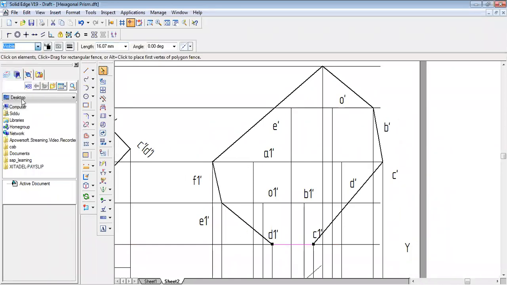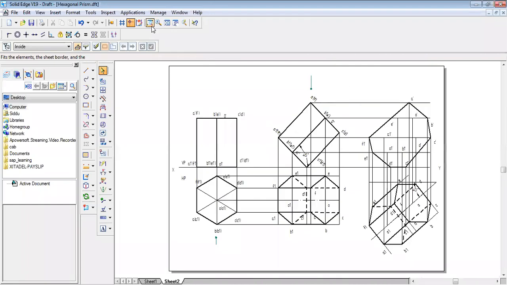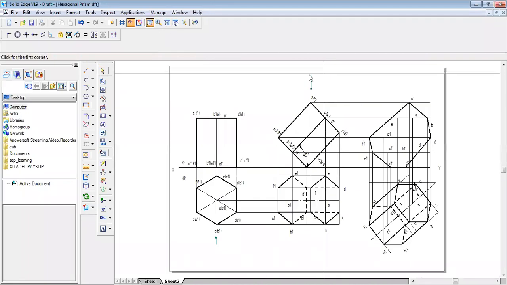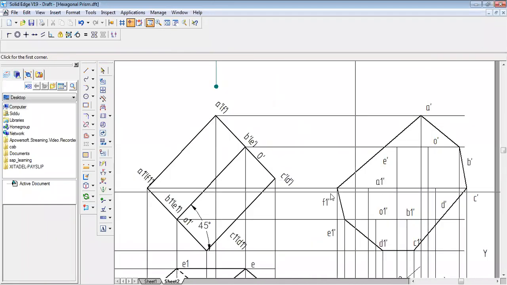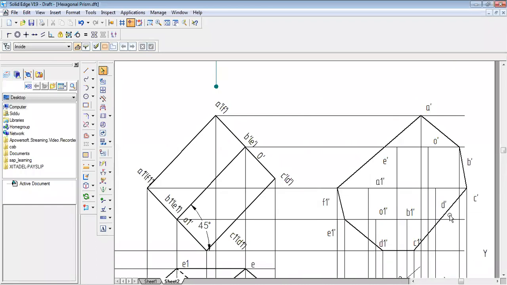F, E1, D1, C1. Okay. B, C, D, E. Okay. So now I think all the points which have been identified are okay.